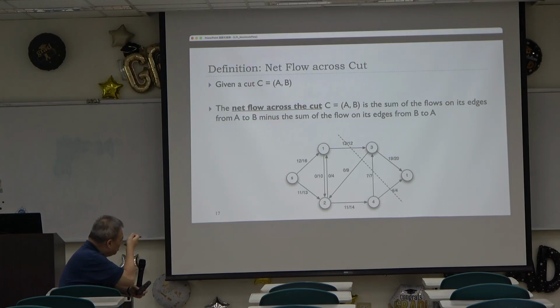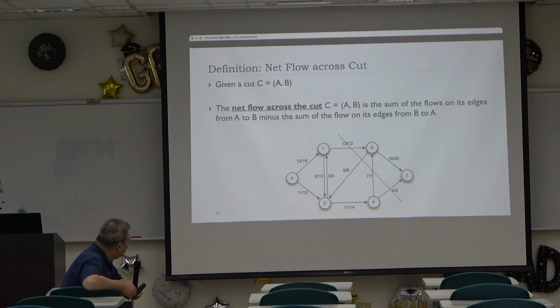So once you go to 2, you can also go back to 1, but it's probably not going to help. So you go from 2 to 4, because there's still some capacity left for the edge between 2 and 4.